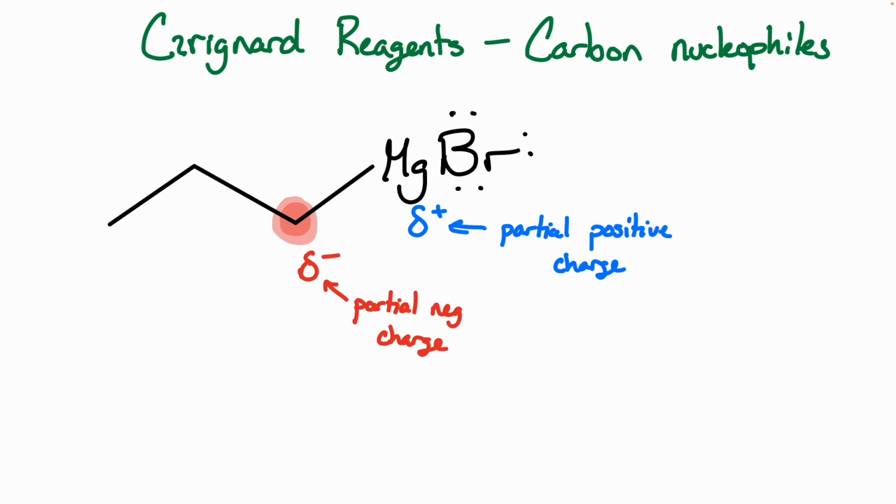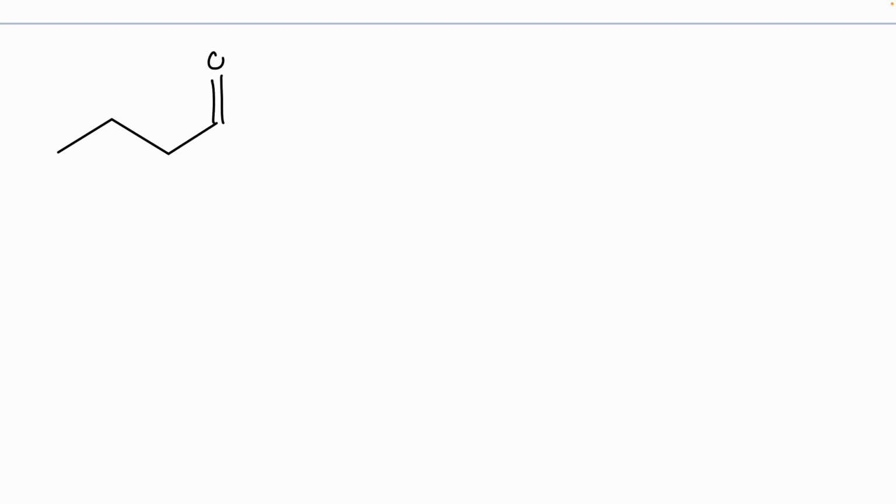All right, so let's take a look at one of our Grignard reactions. We're going to need to start with an aldehyde or ketone. As a reminder, these are both functional groups that contain these carbonyl bonds, these carbon-oxygen double bonds. And we're going to react this with our Grignard.